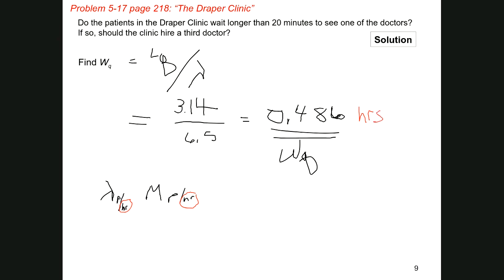Our customers wait almost half an hour, but how much exactly? To know exactly how many minutes we wait, we multiply 60 minutes per hour times 0.486. That tells us it's almost 30 minutes, but essentially 29 minutes.